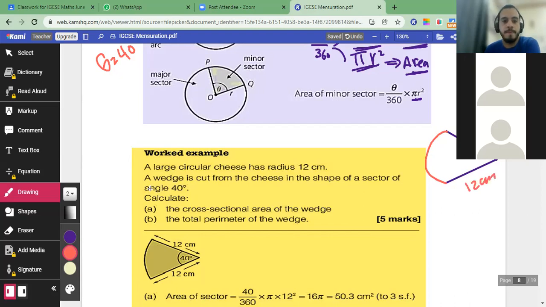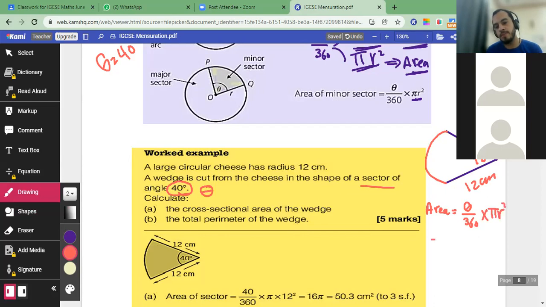And he said that the sector of angle هي theta 40. Then what is the area? You know the formula يا جنى? Theta over 360 times pi r square.